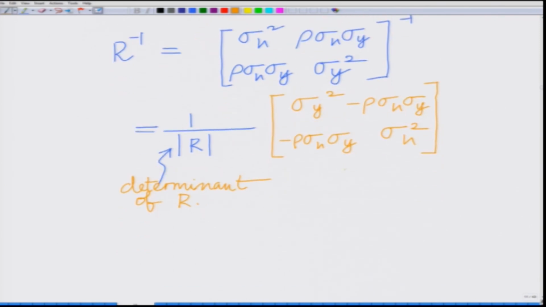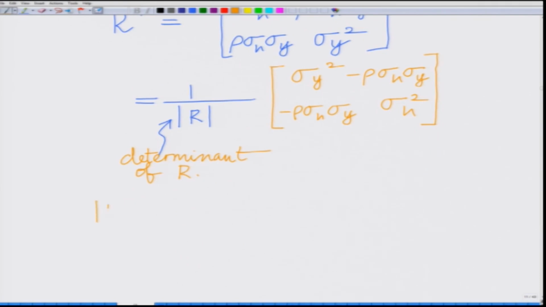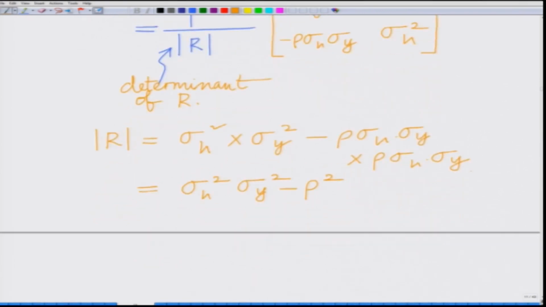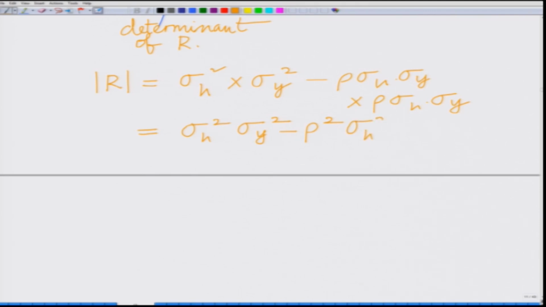Of course, we can also compute the determinant of this matrix R. The determinant is sigma h square times sigma y square minus rho sigma h sigma y times rho sigma h sigma y, which is sigma h square sigma y square minus rho square times sigma h square sigma y square, and this is equal to 1 minus rho square times sigma h square sigma y square.